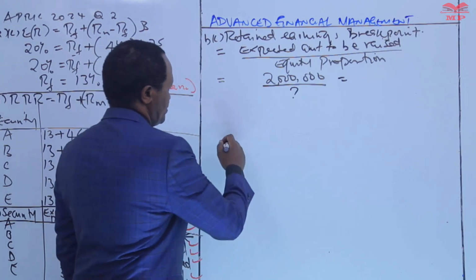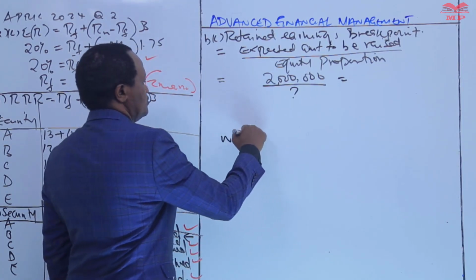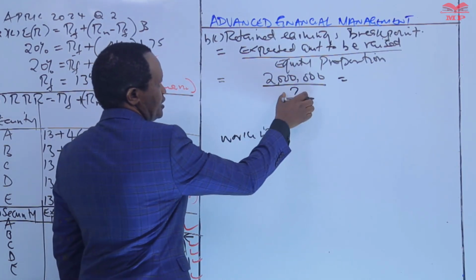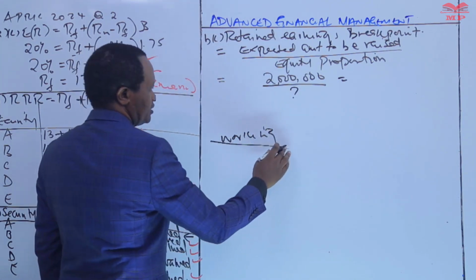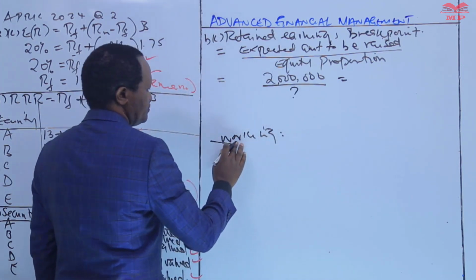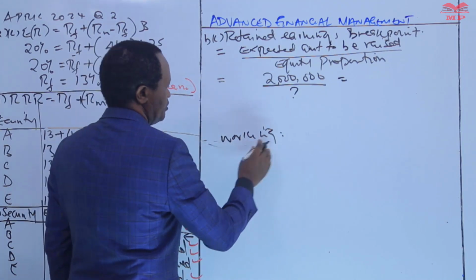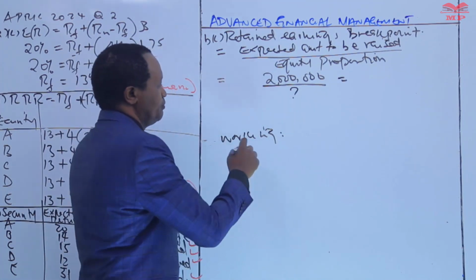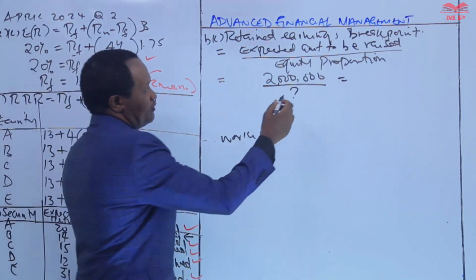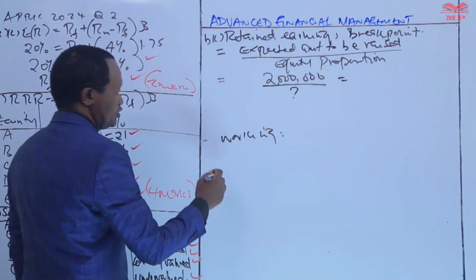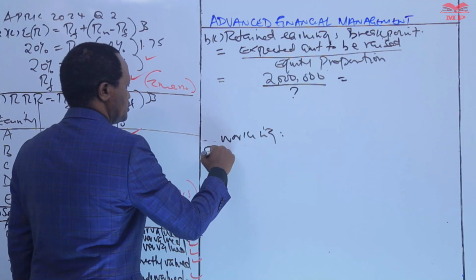So we'll have a working. To calculate the equity proportion, we need a working of the proportions, because we need to have the proportion. So we need a column for the source.